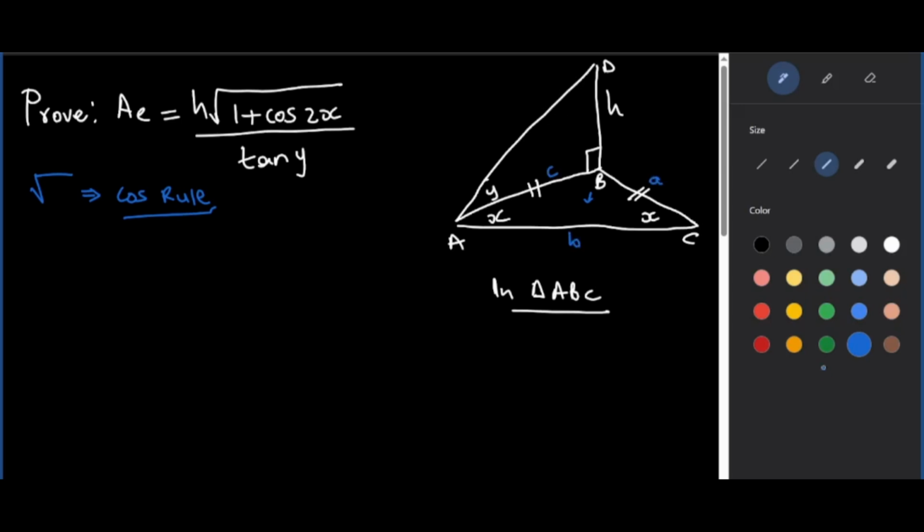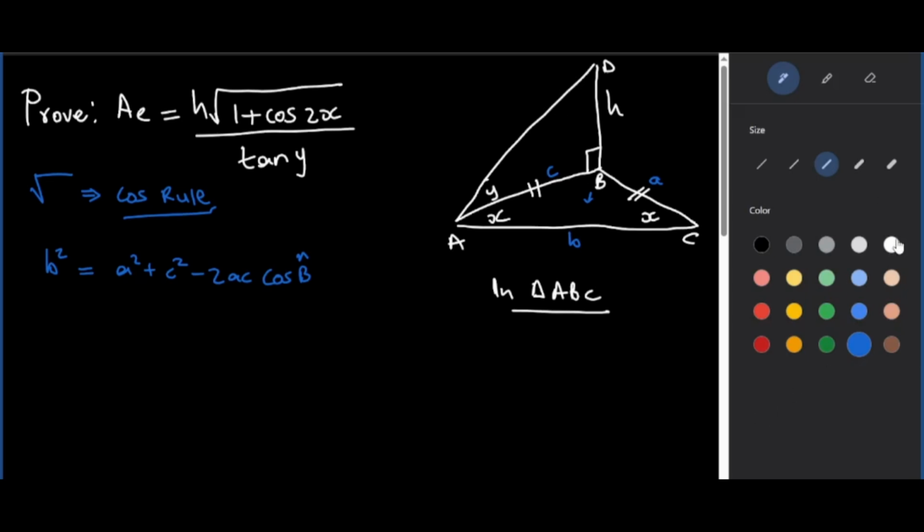The formula for the cosine rule is b squared equals a squared plus c squared, minus 2ac times the cos of that included angle, so the cos of angle B. You understand?